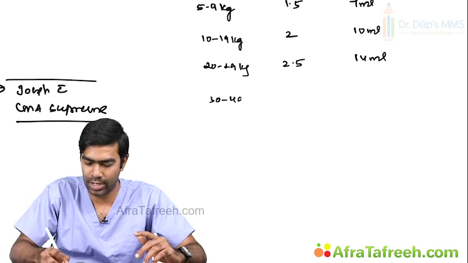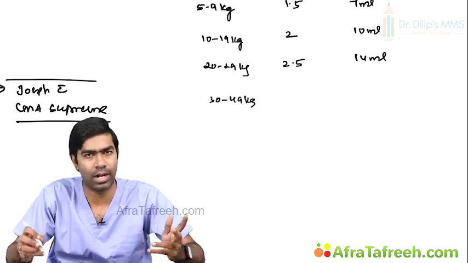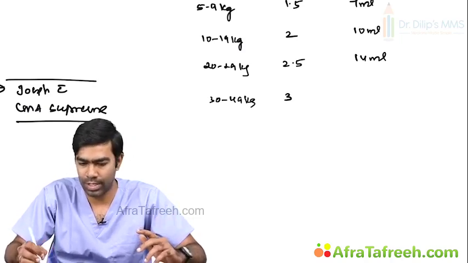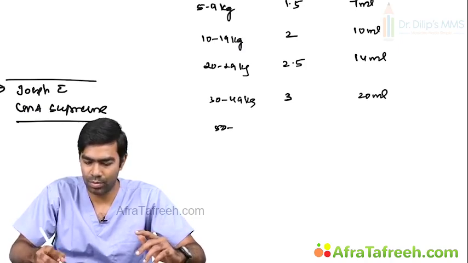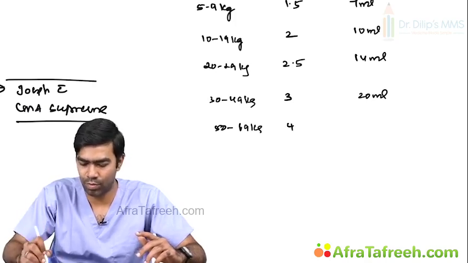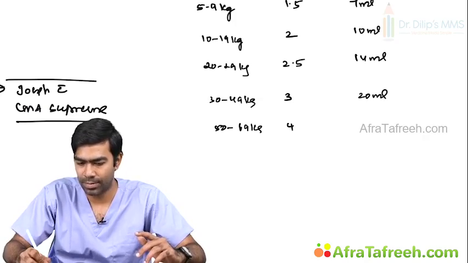For 30 to 49 kg patients, adults usually, size 3, and it can hold a cuff volume of 20 ml. For 50 to 69 kg patients, you select size 4, and it can hold a cuff volume of approximately 30 ml.